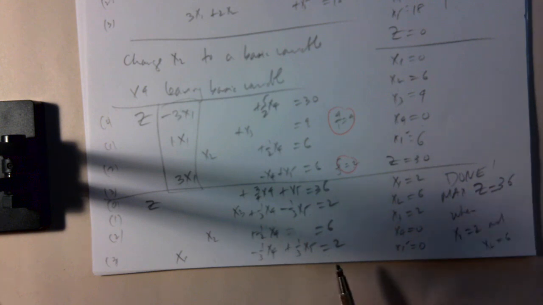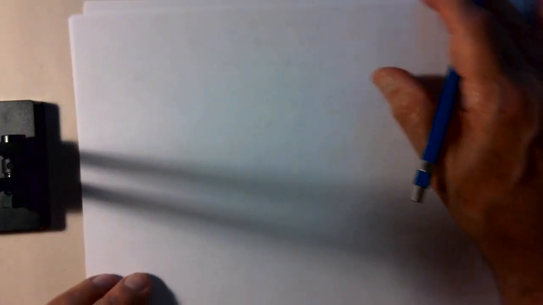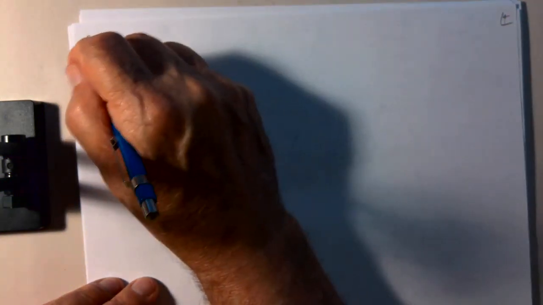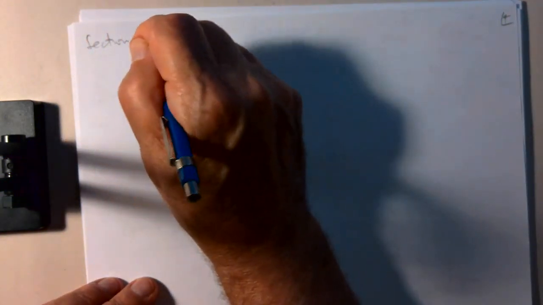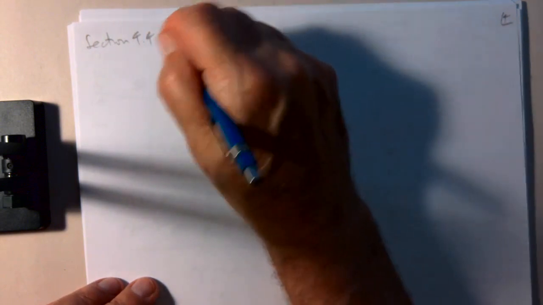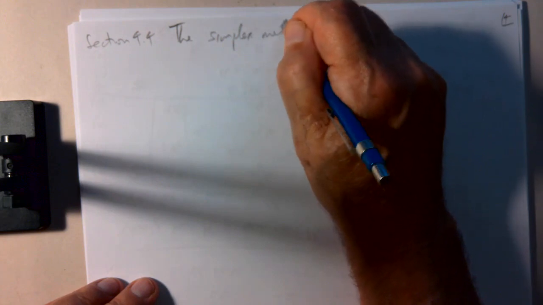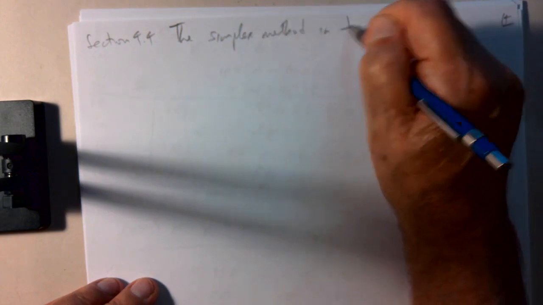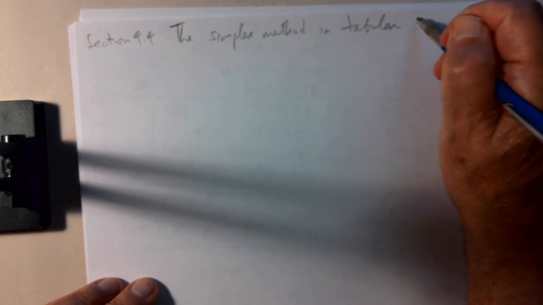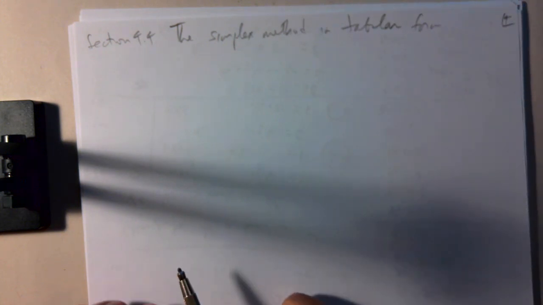What I just talked about in the text is section 4.3, but what will be the algorithm that'd be easiest for you to use and solve problems by hand, section 4.4, is the simplex method in tabular form. That is, we make a table.